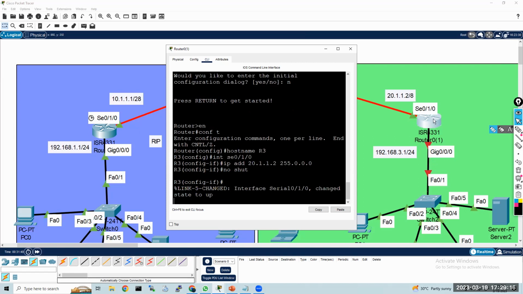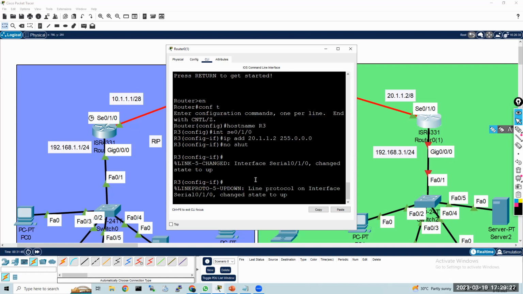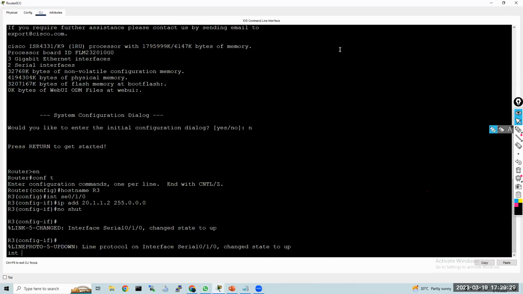Okay, so I'm going for gigabit 000. Maximize and see. It's coming.